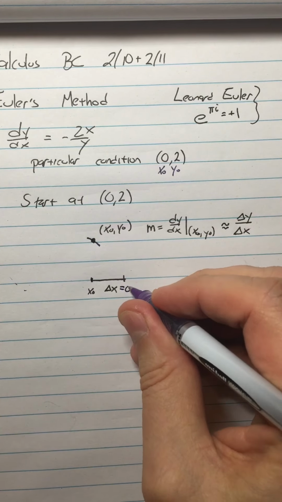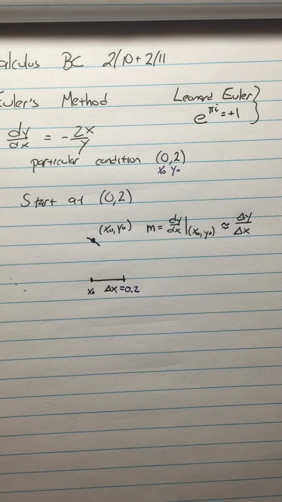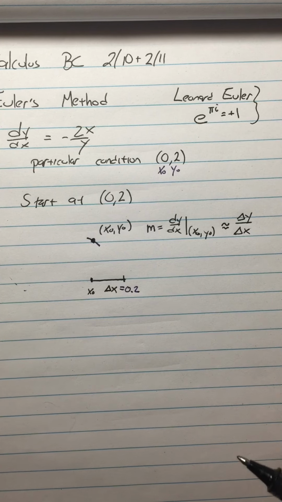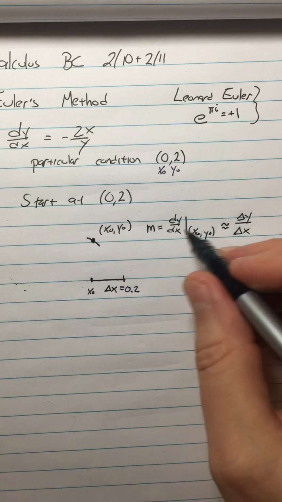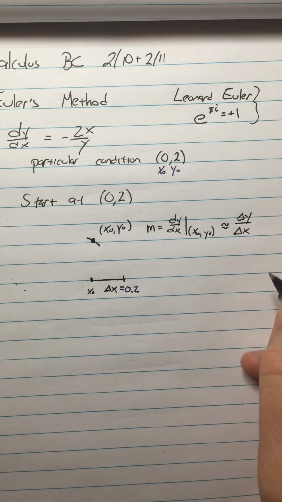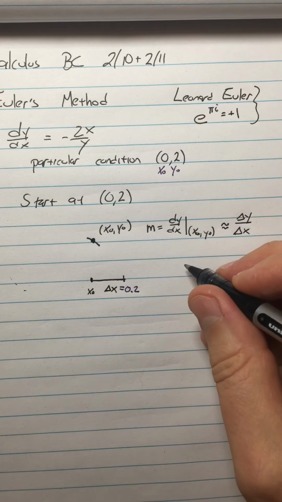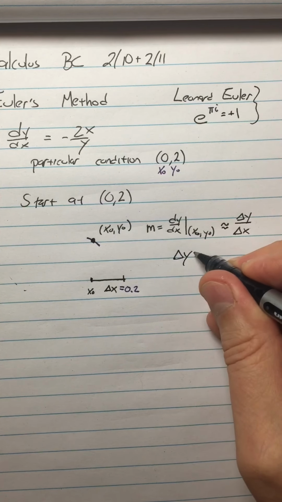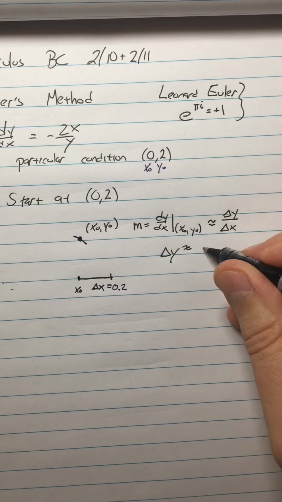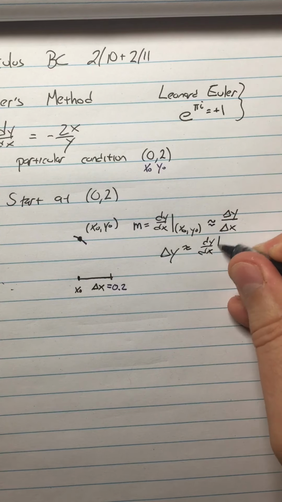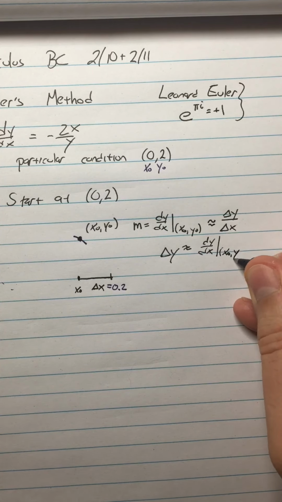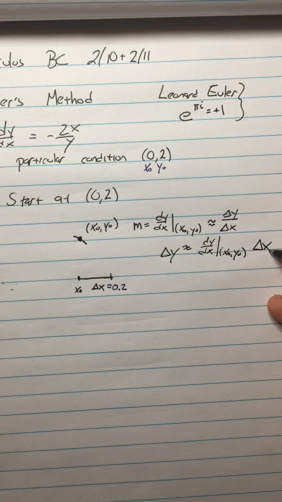All your homework uses 0.2 or 0.1. You're going to see that this is a method that really lends itself to computers and mathematical computing. Since the slope is approximately equal to delta y over delta x, that means delta y is approximately equal to dy/dx evaluated at (x0, y0) times delta x.